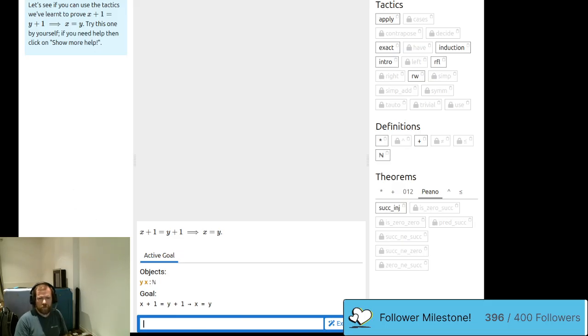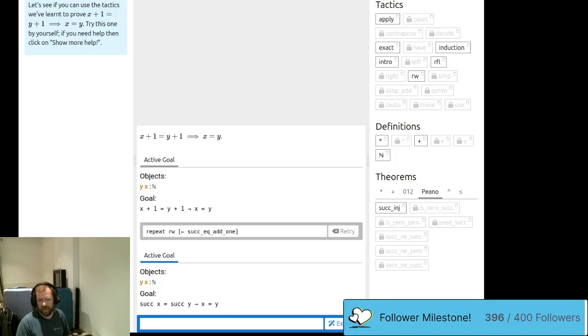So we say that we want to repeat, rewrite backwards, successor equals add 1.